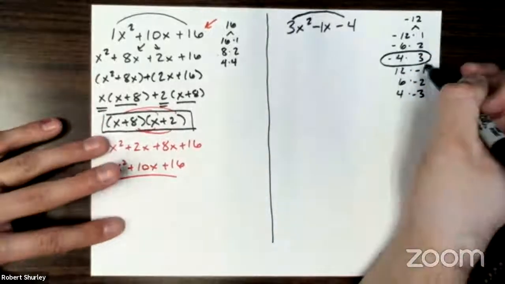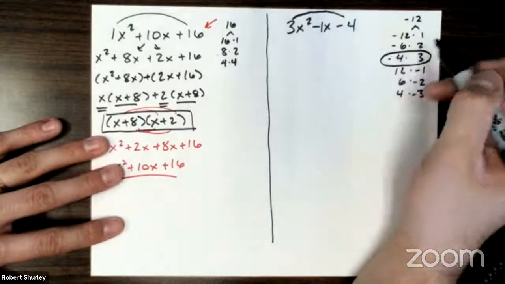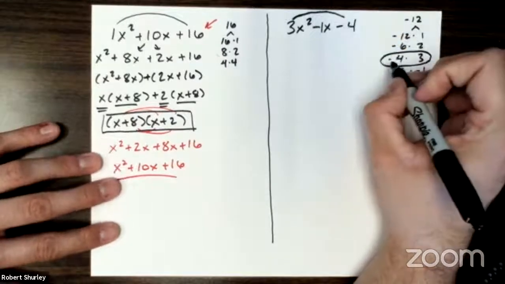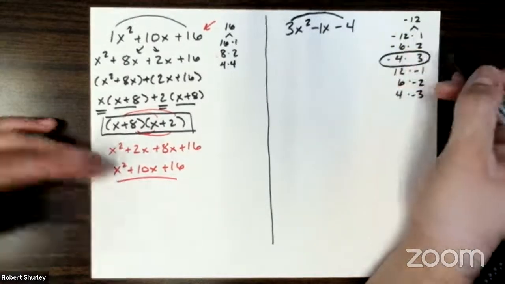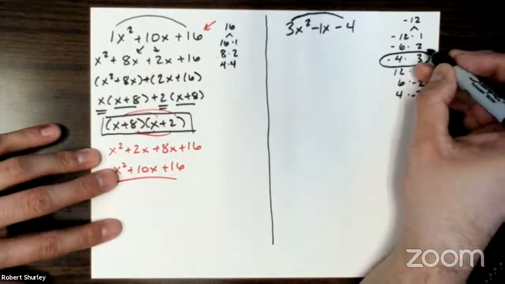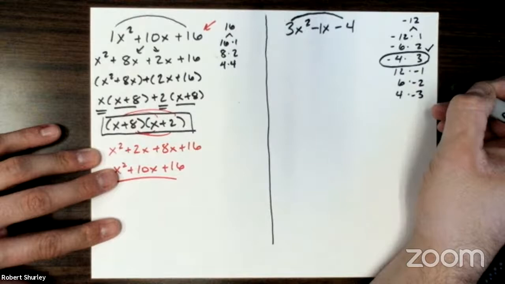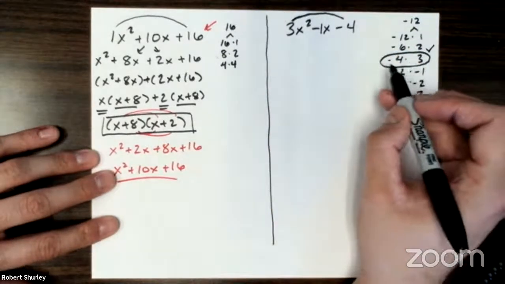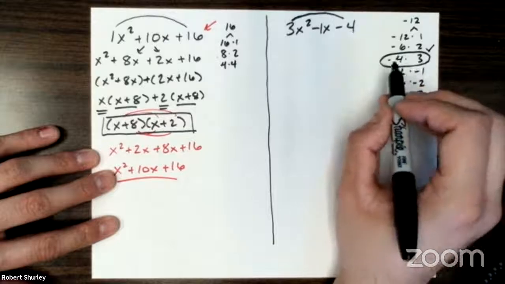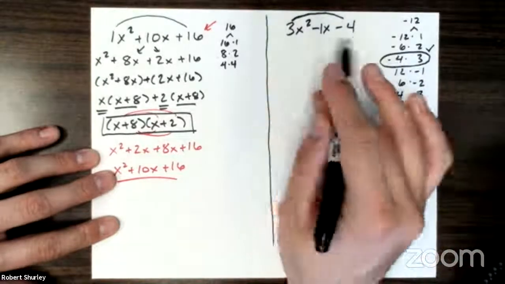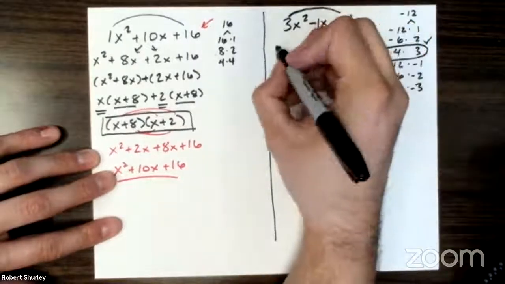I'm always going to do a quick check if I've got negatives going on, just to make sure I've got the right two numbers. Negative 4 times 3 gives me negative 12. Negative 4 plus 3 gives me negative 1. That's definitely the two numbers I need. So now I'm going to crack this apart. If I've got a negative and a positive, I'm going to put the negative first, because it makes the positive where it needs to be.